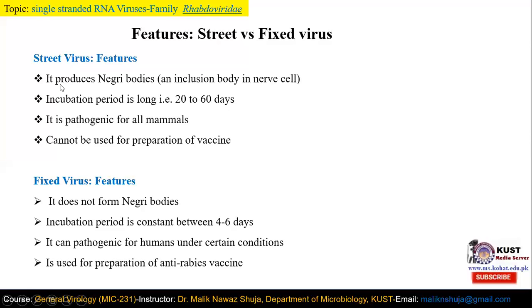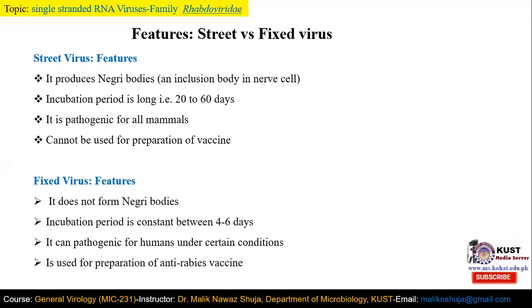Street virus produces Negri bodies. Negri bodies are basically inclusion bodies that are produced in the nerve cells, and this is the main sign of rabies. The incubation period of street virus is long, 20 to 60 days. It is pathogenic for all animals, for all mammals, and cannot be used for the preparation of vaccine.